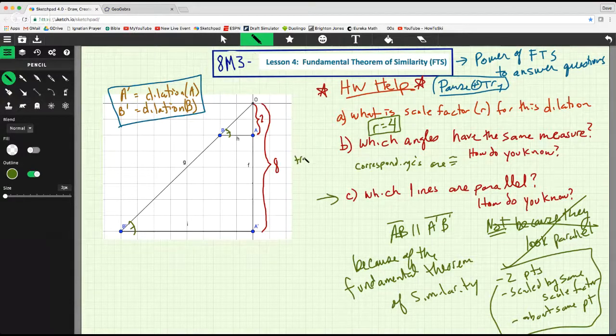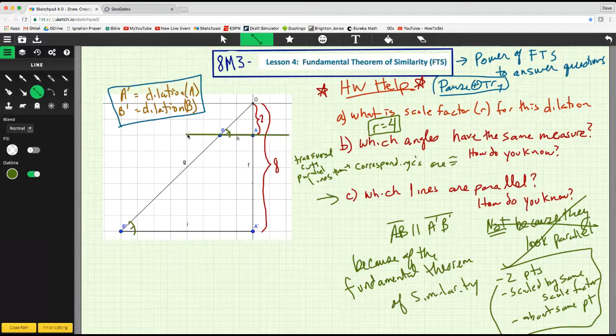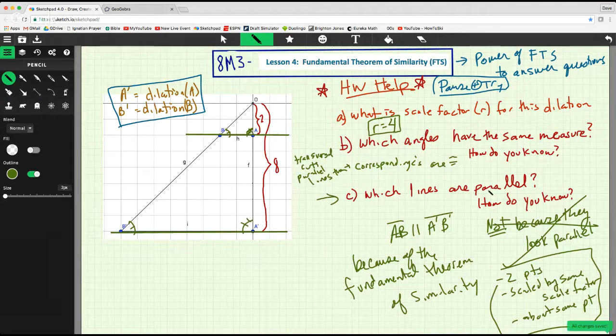When a transversal cuts parallel lines, then corresponding angles are congruent. Similarly, because this line is parallel to this line, I know that these angles are congruent.